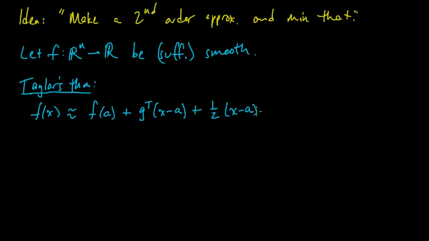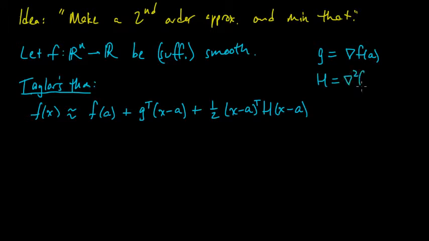times the Hessian times (x minus a). So this is Newton in multiple dimensions. This is the second order approximation, and here g is the gradient of f evaluated at a, and H is the Hessian, which is the matrix of second derivatives.